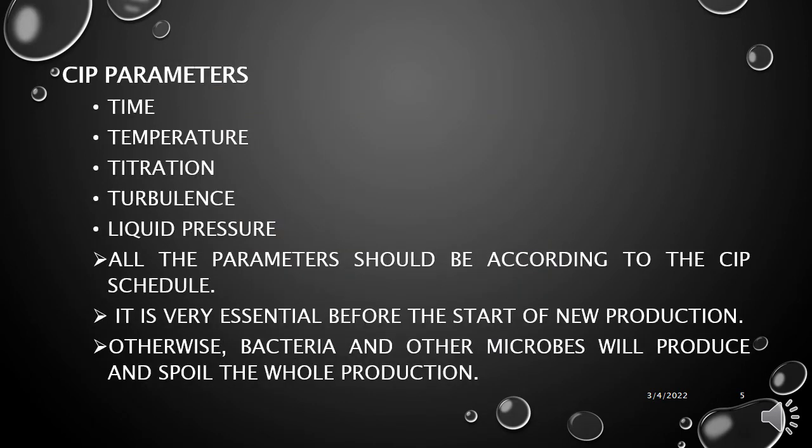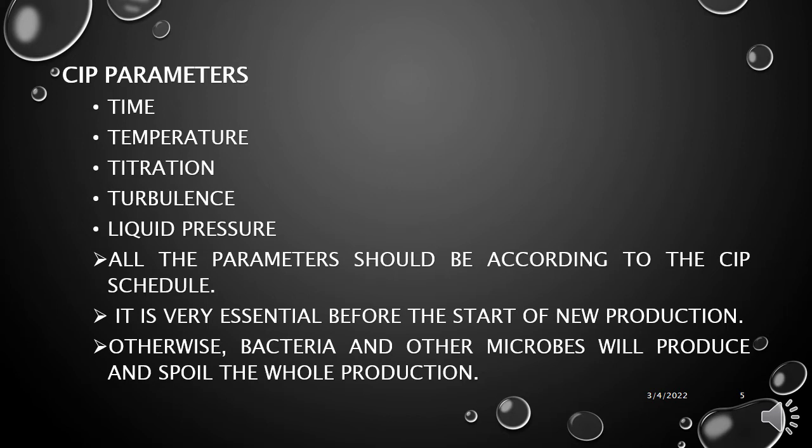Now we will discuss the parameters of CIP. There are different parameters of CIP like time, temperature, titration, turbulence, and liquid pressure. Time means for how long we will carry out the CIP process, at what temperature this process will be carried out, at what concentration, at what speed, and what pressure we will use for the CIP process to continue.